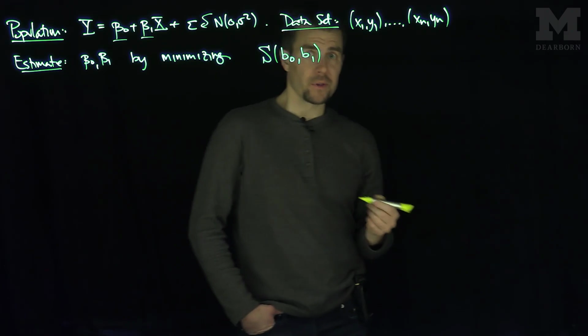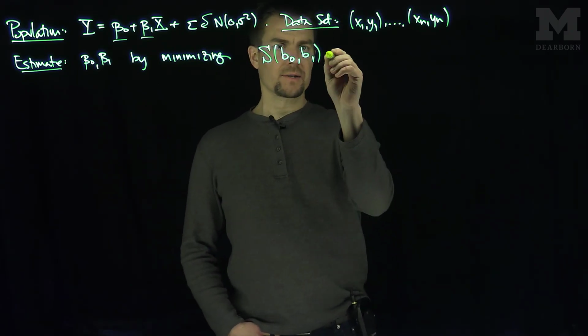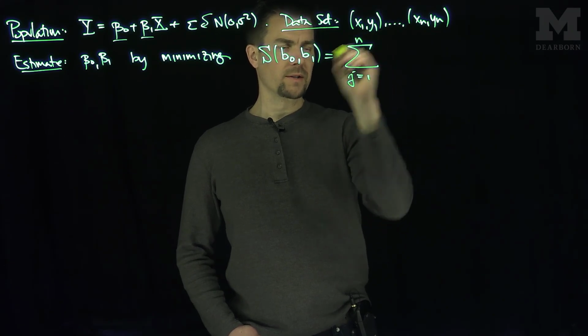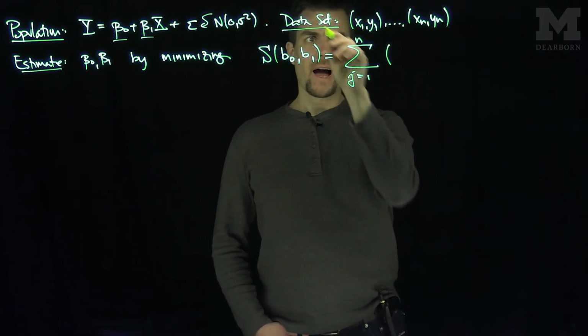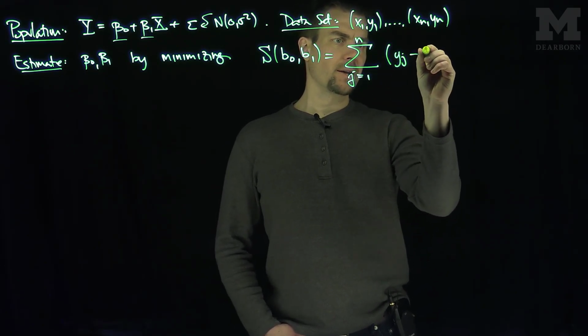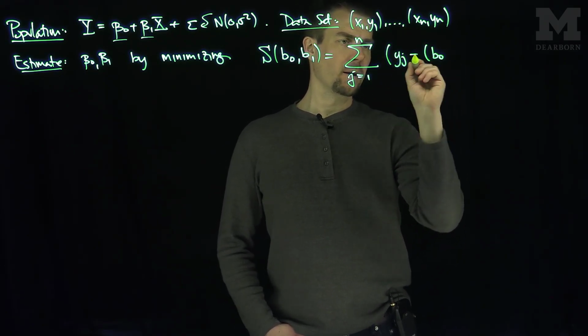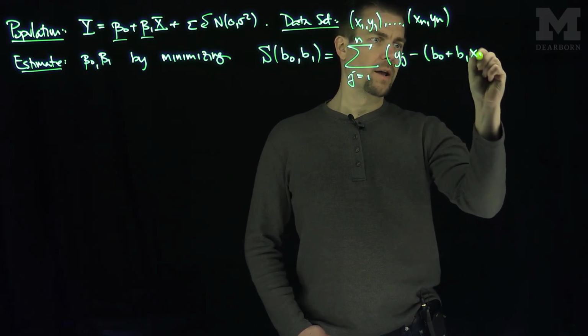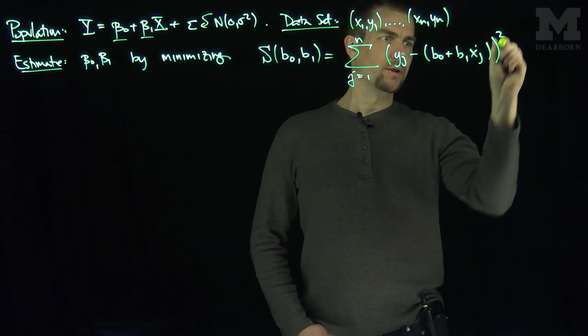Now b0 and b1 are going to be the estimates. So I want to minimize the sum, j goes from 1 to n, of the actual data points I'm given, yj, the known data points to us, minus the estimating value b0 plus b1 xj, quantity squared.